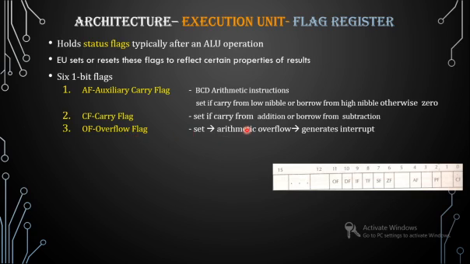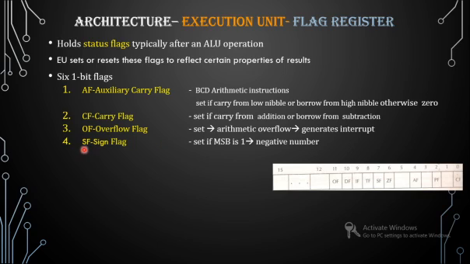The register can hold a certain number of bits, 16 bits, and if an arithmetic operation gives a result higher than that, then the overflow flag will be set and correspondingly an interrupt will be generated. Interrupt in the sense that something has to be done for the overflown result, and such a thing is called an interrupt. So whenever the overflow flag is set after an arithmetic operation, automatically an interrupt will be generated to handle that situation.